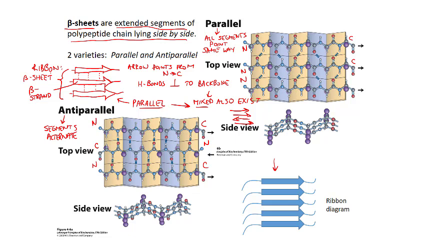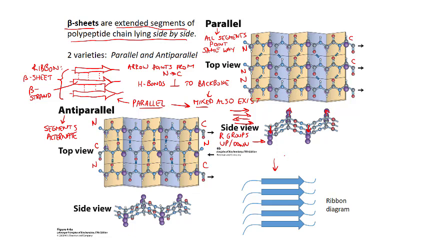So regardless of whether you have a parallel or an anti-parallel beta sheet, notice where the side chains are. The side chains alternate up and down above and below the plane of the sheet. So if our sheet is more or less flat, what we have is an R group that points down, and the next one it points up, the next one down, the next one up.